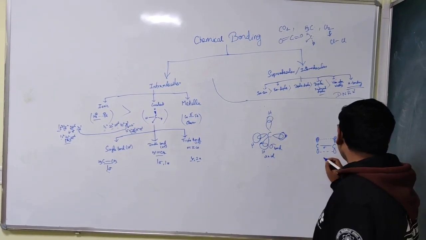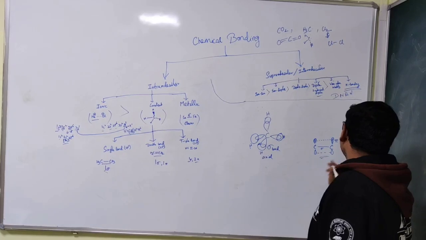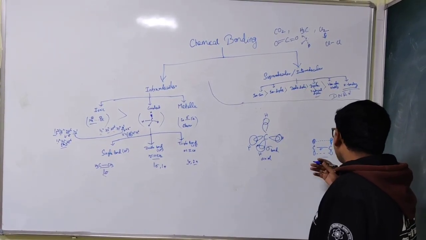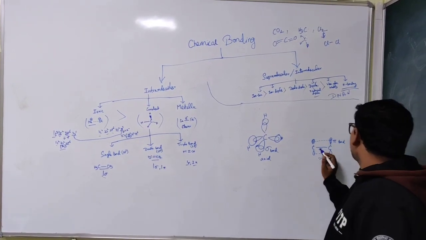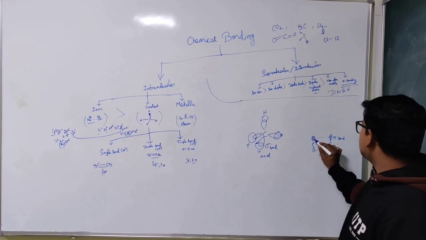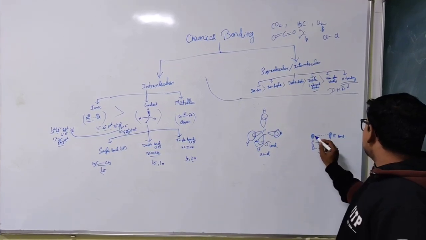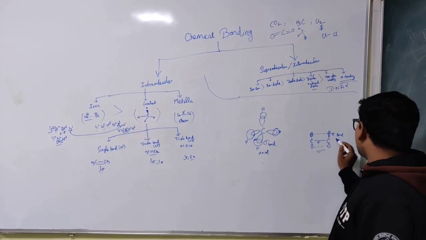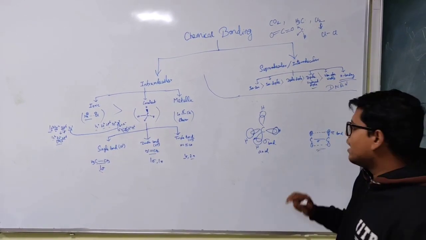Now what is a pi bond? A pi bond is sidewise overlap of two orbitals as shown here. These two positive lobes bind together or interact together to form a pi bond.